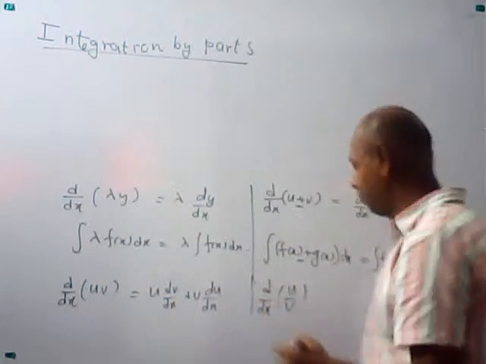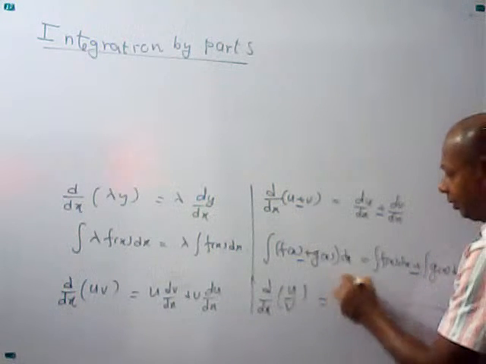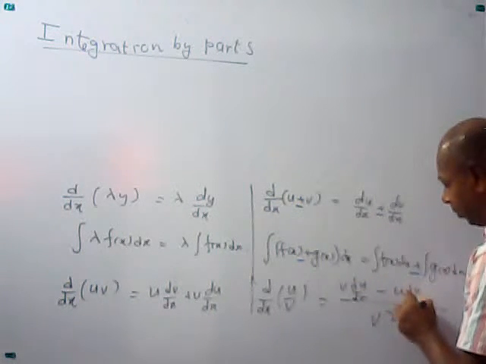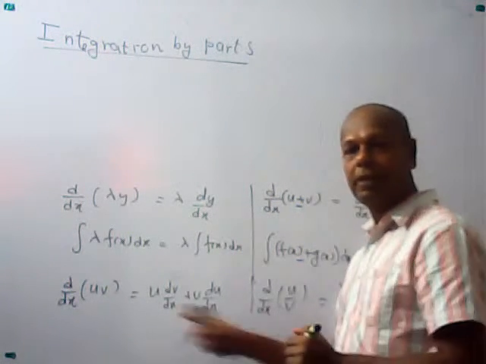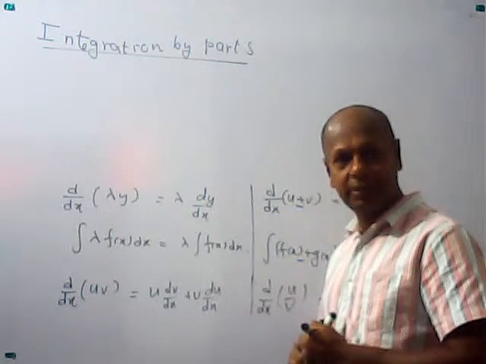The division rule is a bit more complicated: v squared in the denominator, v du by dx minus u dv by dx. But these last two rules we haven't seen yet in integration.